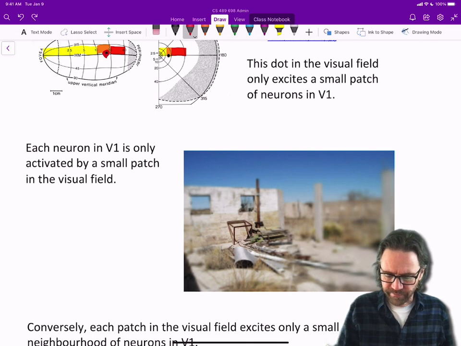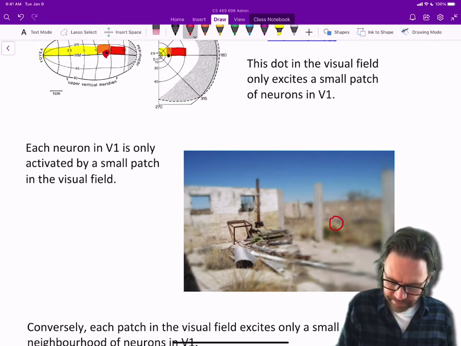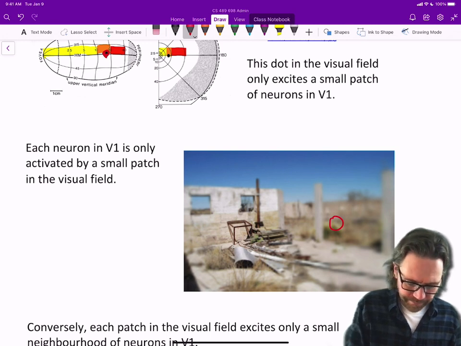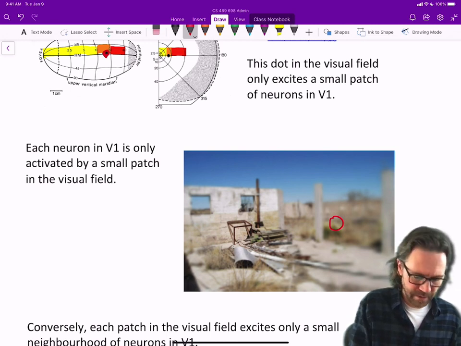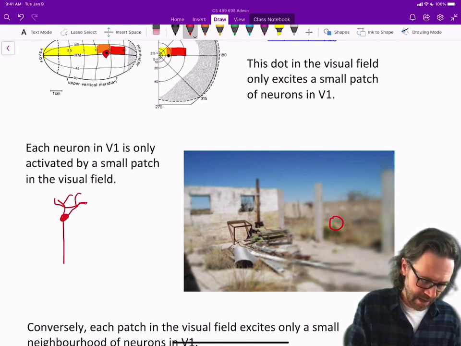Okay, so here's a visual field. Now let's look at a particular little region of the visual field here. So that region excites a neuron in the cortex. I'll just sort of draw some neuron here, an axon.